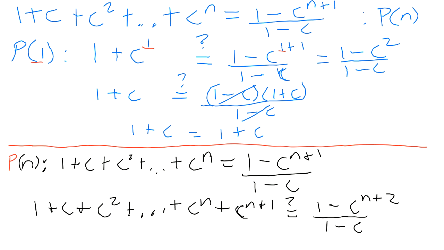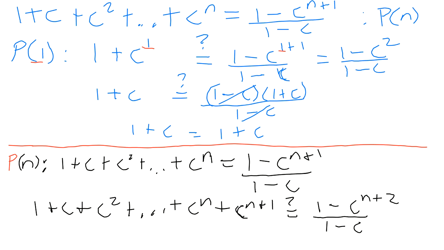How did I get that? You add one extra term. Because so far we have assumed that when it's true, we have been given the statement that from 1 plus c squared right up to c^n is equal to 1 minus c to the n plus 1 over 1 minus c. So when we go up to the n plus 1th term now, you're going to add one extra term to the left, and it should cause it to be equal to that thing on the right.